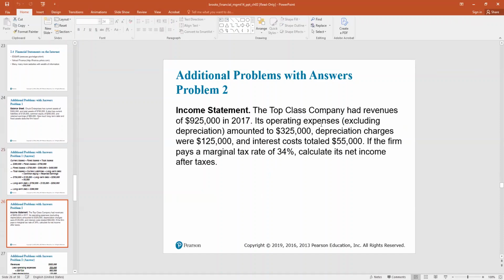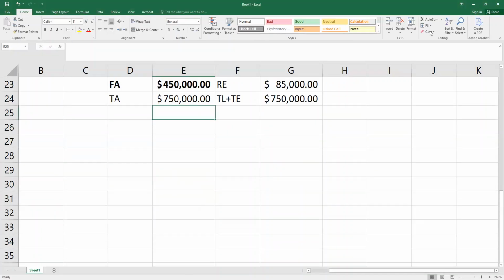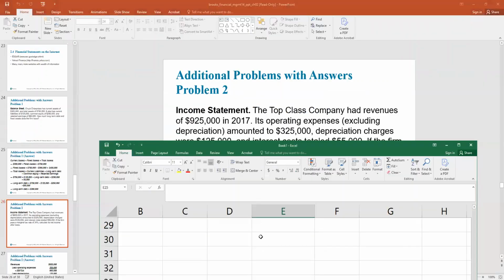Okay. The Top Class company had revenues of 925. So here, you're going to be dealing with the income statement. I have revenue here, which is 950,000. Operating expenses, 325, excluding the depreciation expense.